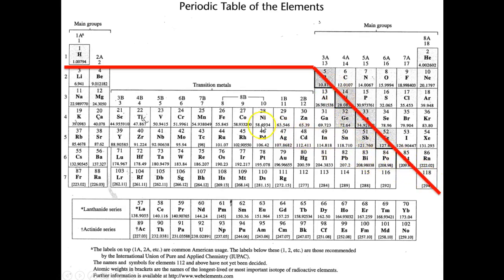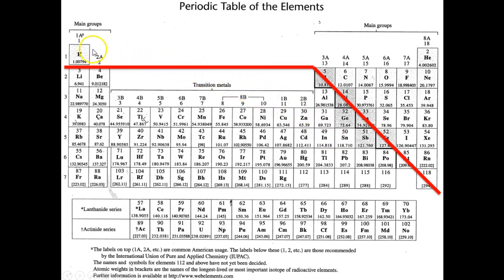But all the common metals that you're familiar with are down in this area: sodium, potassium, magnesium, calcium, chromium, iron, copper, nickel, zinc, silver, gold, mercury, lead, tin. These are all down to the southwest of this metal-nonmetal line.